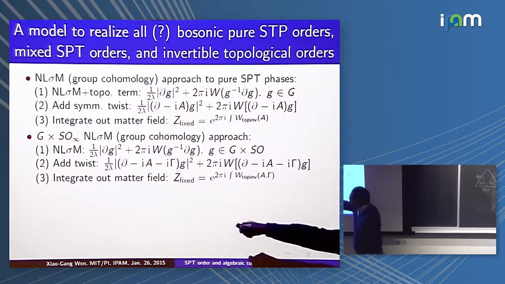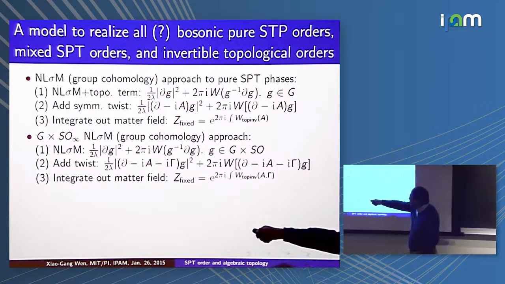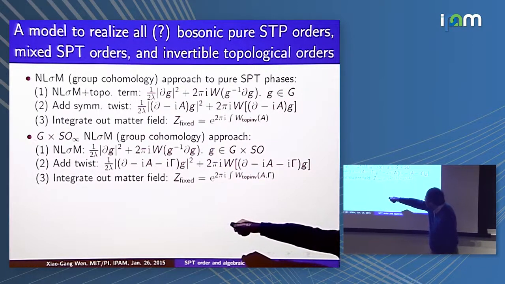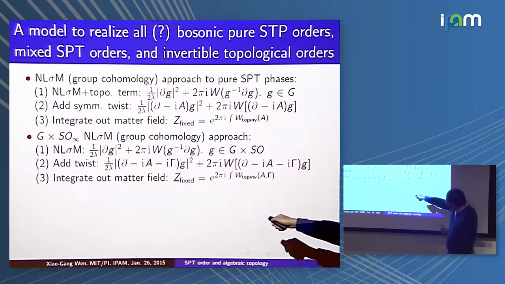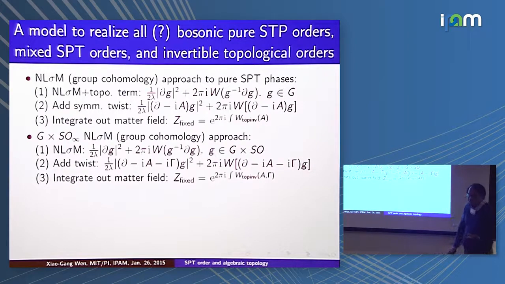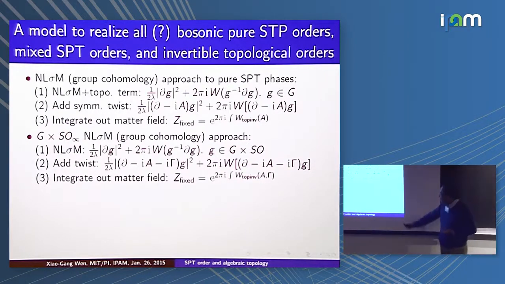Then when you do the symmetry twist, the symmetry twist couples to this G index. However, the space-time SON connection couples to the SON part of the index.